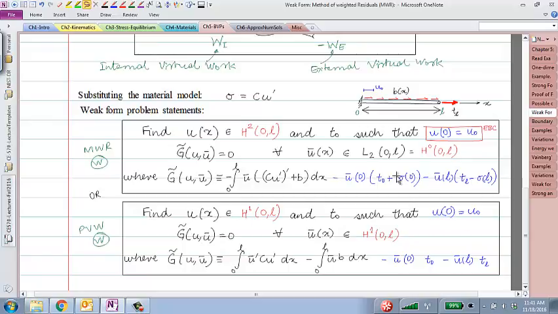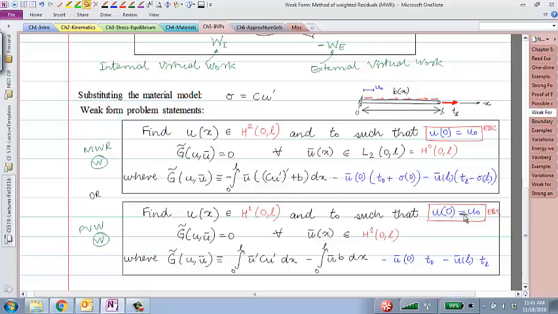And the other requirement, as I mentioned, is that the displacement at x equal to 0 for this particular problem has to be equal to the given displacement. That again is the essential boundary condition. When we enforce this functional to be 0, that does not ensure that this condition is met. So this condition has to be explicitly met when we pick displacement functions.